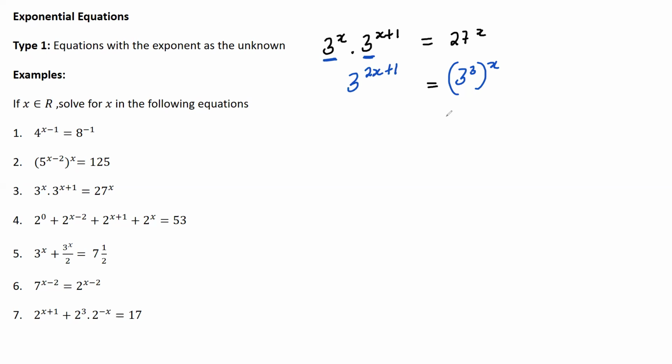Then here it becomes 3 to the power 3x, then 3 to the power 2x plus 1. I can drop the powers because at the end of the day, we have the same bases. 3x equals 2x plus 1. I'll take 2x to the other side. 1 is equal to x.